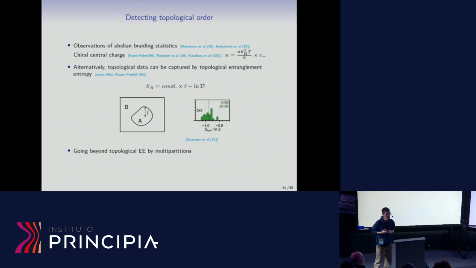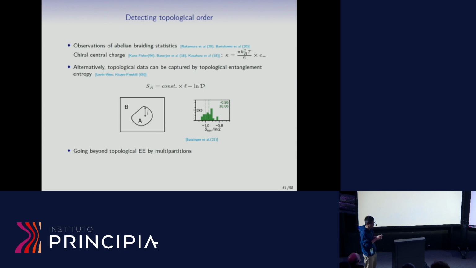This was also measured, for example in the integer quantum Hall effect, where transport is unidirectional.